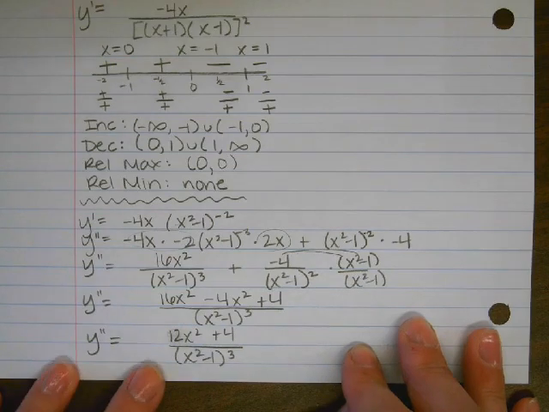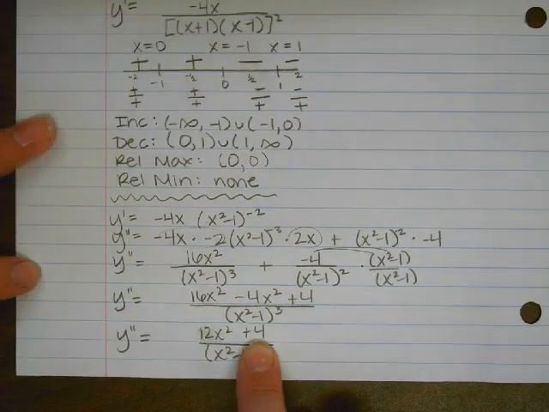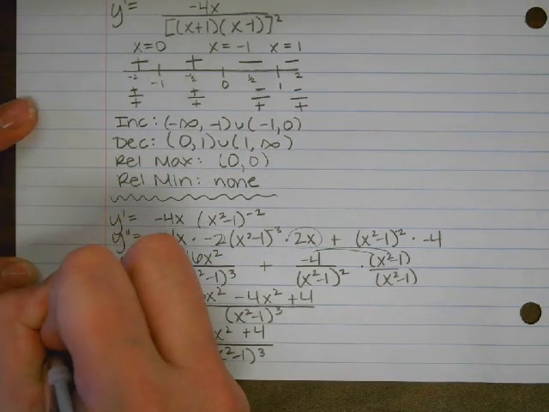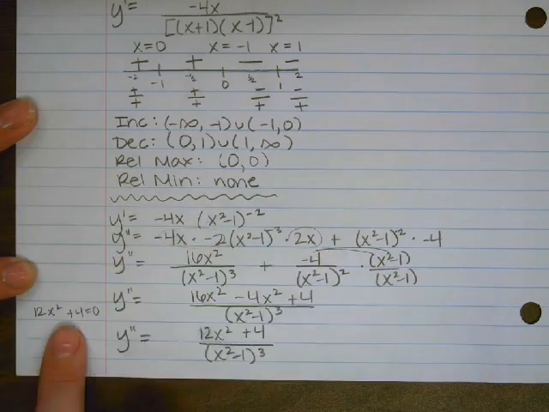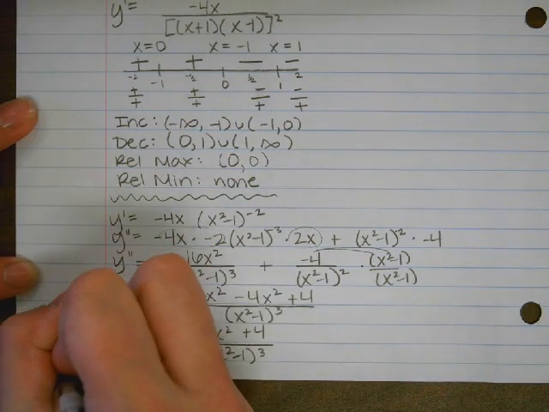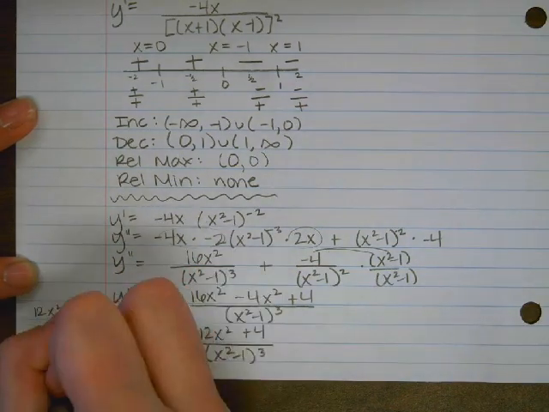Okay, so if I think about the top, setting the top equal to 0, I'll go ahead and write this off to the side. 12x squared plus 4 equals 0. I would subtract the 4 over. 12x squared equals negative 4. I would divide the 12 over.